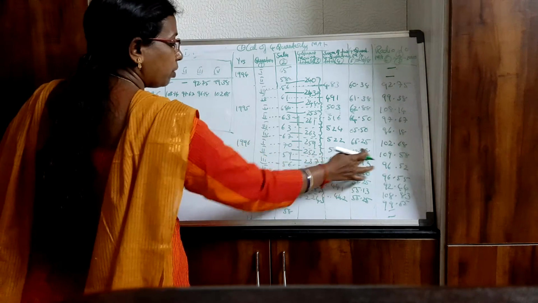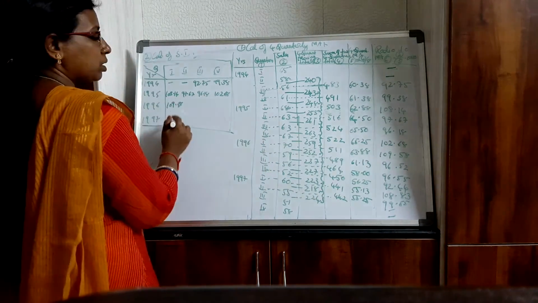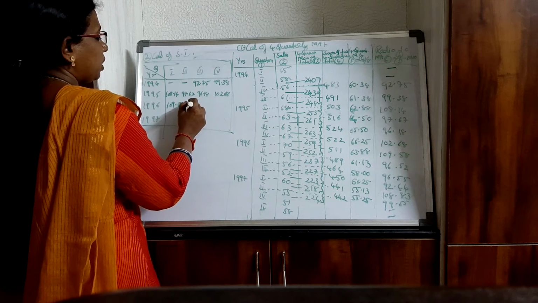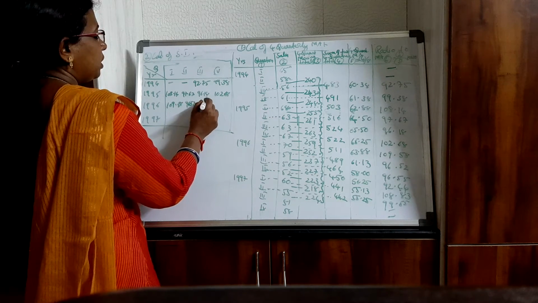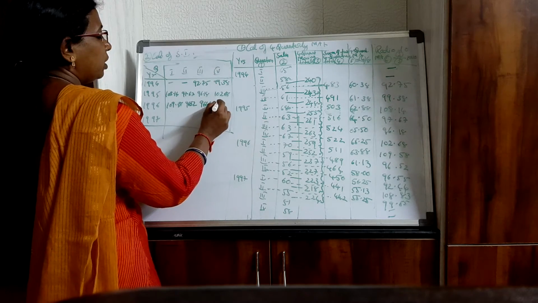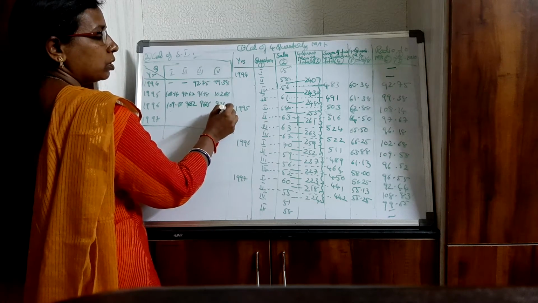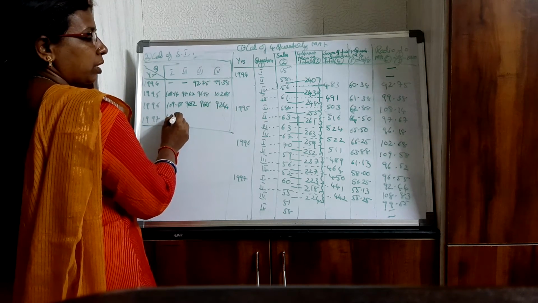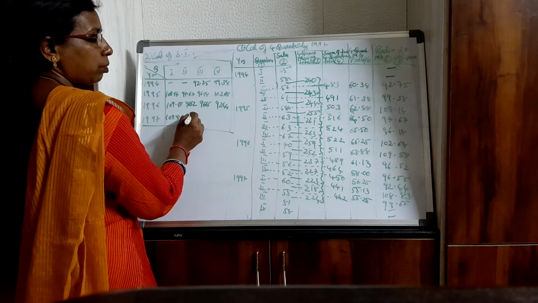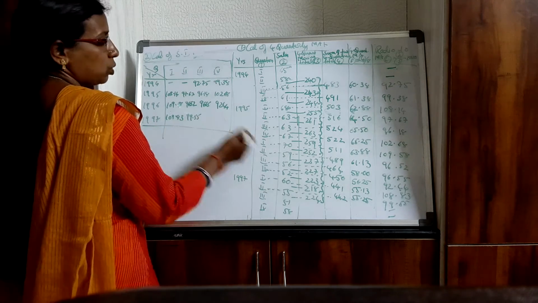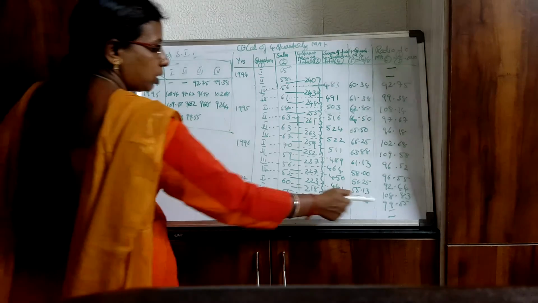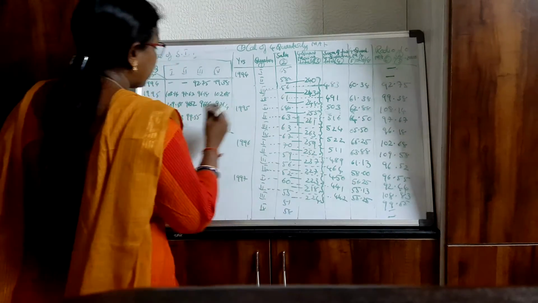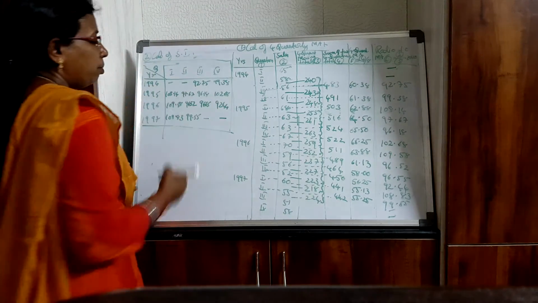See, 109.58 is first quarter of 96. Then 96.52, 96.55, 92.44, 108.83, 99.55. And last two values for 97, third quarter is blank, fourth quarter is blank. So these two will be blank.